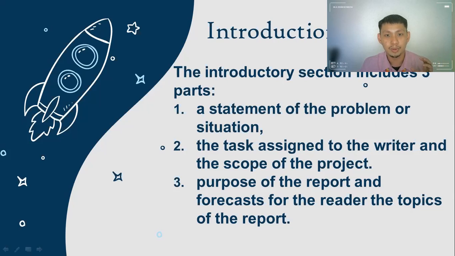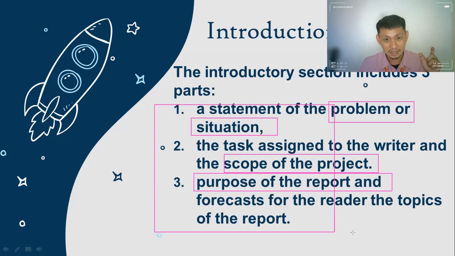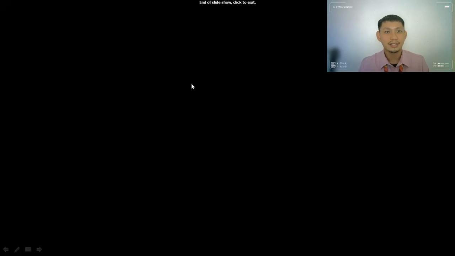You have to put the problem. What are we going to analyze? Next, you have to put the scope of the project, the time, the people involved, and your objectives. If you want, you can go back to the previous example of an introduction. You will see these three things.